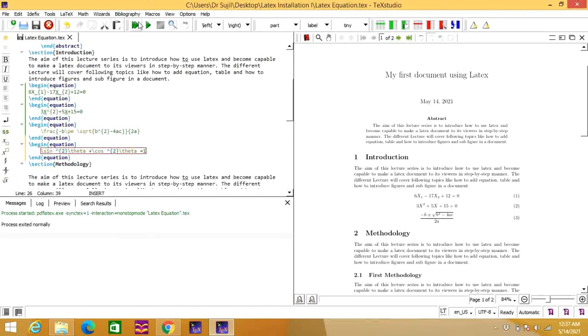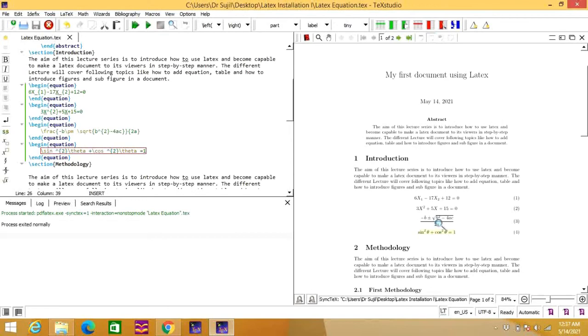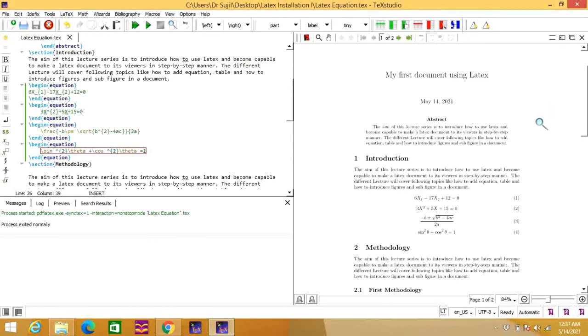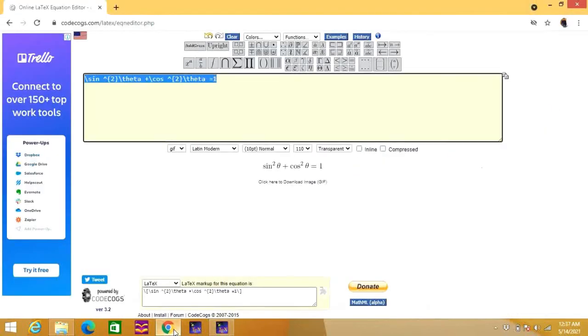So let's see how it is going to appear in this PDF. It is showing sin square theta plus cos square theta equal to 1. Now let us try one more equation. Let's try how we can write the equation mod A minus lambda I equal to 0. For that we need mod.